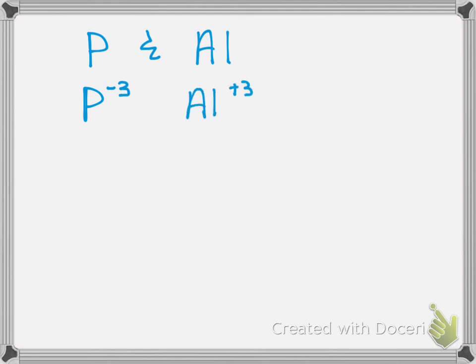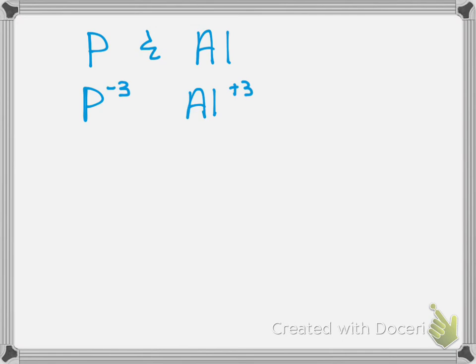Let's say now that I wanted to have a chemical formula or a new compound between phosphide and aluminum. The first thing we need to do is pick out what their charges are. Phosphide is -3, aluminum is +3.